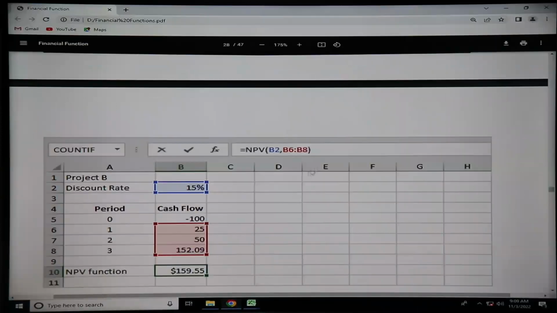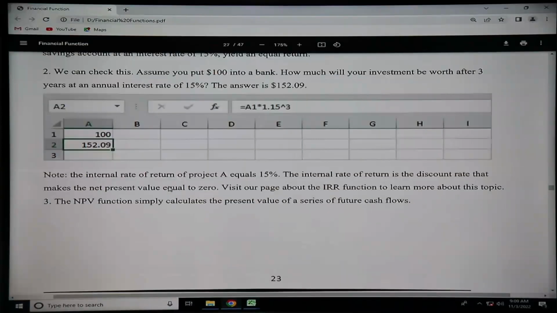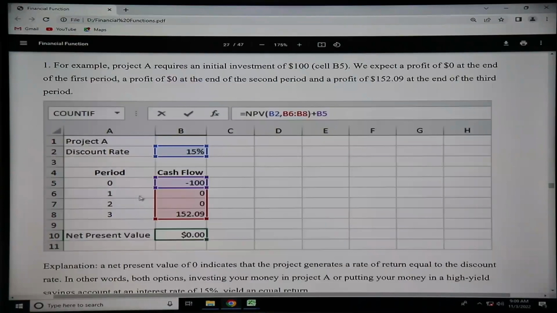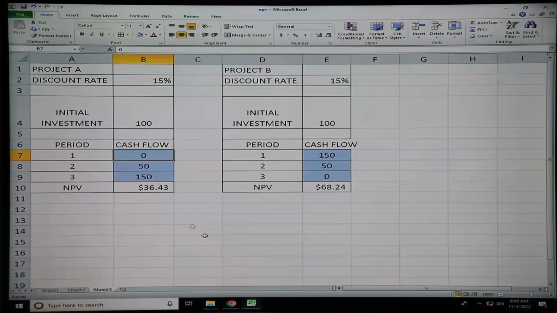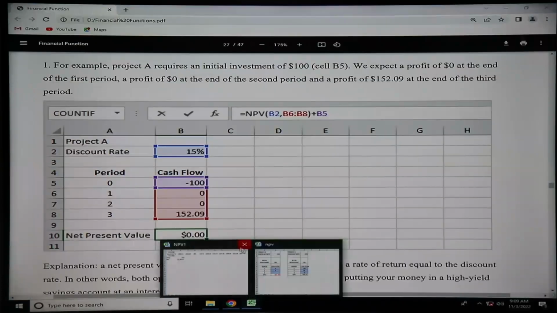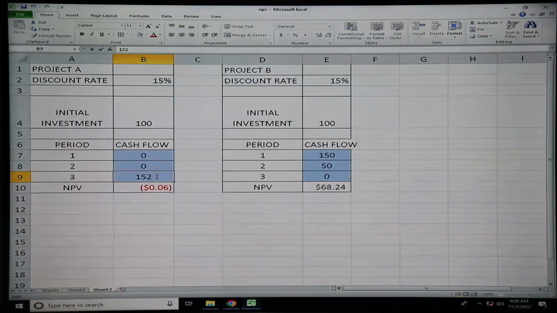Now in the first project, project A, in the first period they expected 0 profit. The second year they expected 0 profit. The third year they expected 152.09. So here we put 0, 0, and 152.09.